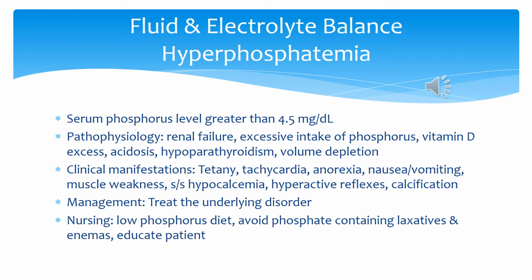The exemplar hyperphosphatemia is a serum phosphorus level that exceeds 4.5 milligrams per deciliter. The most common cause of hyperphosphatemia is renal failure.